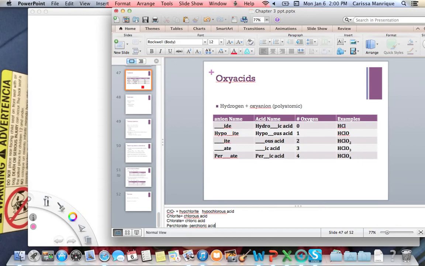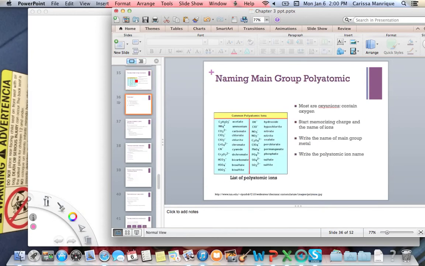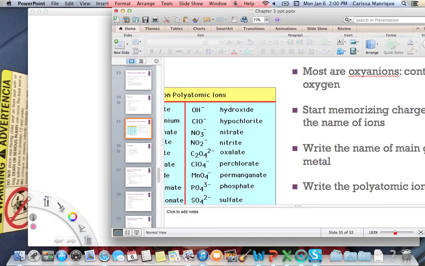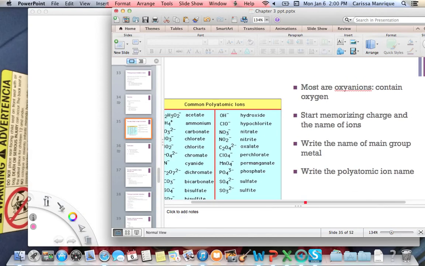So let me go back to the polyatomic chart, and let's look at all of these. Let's look at our little chart here.